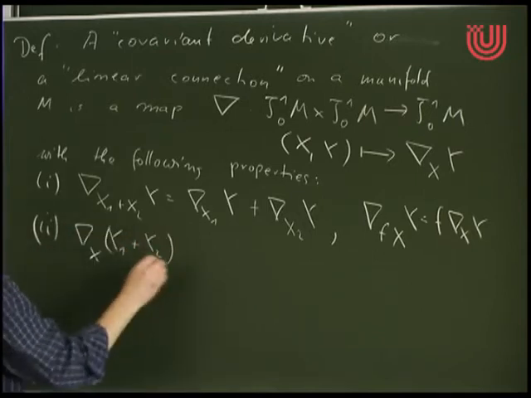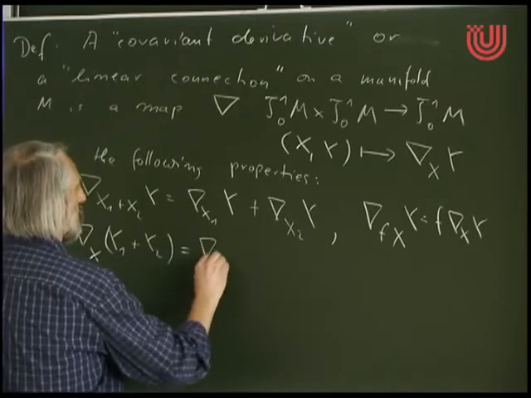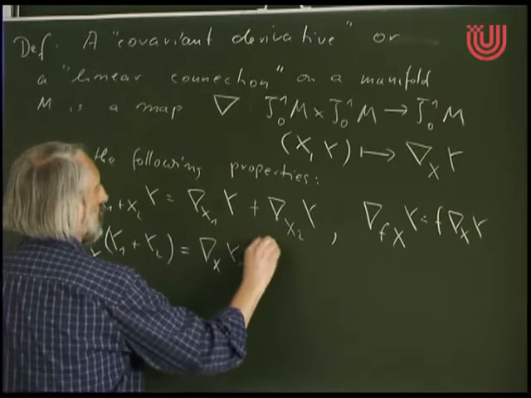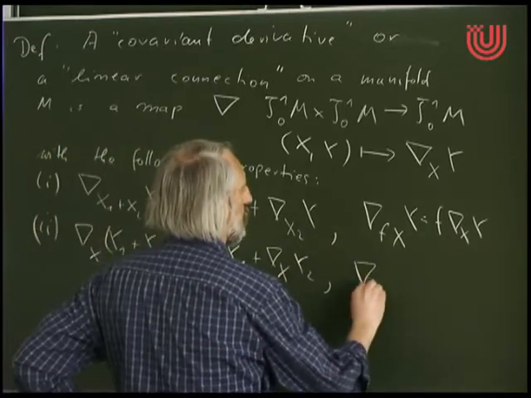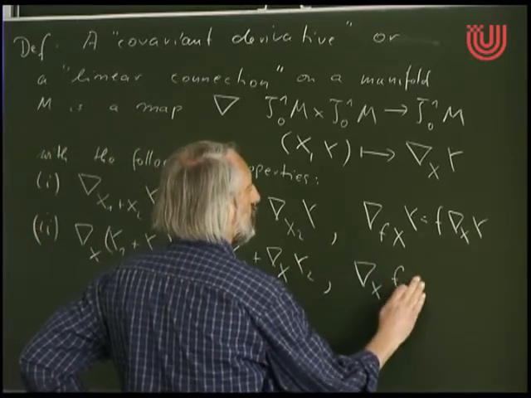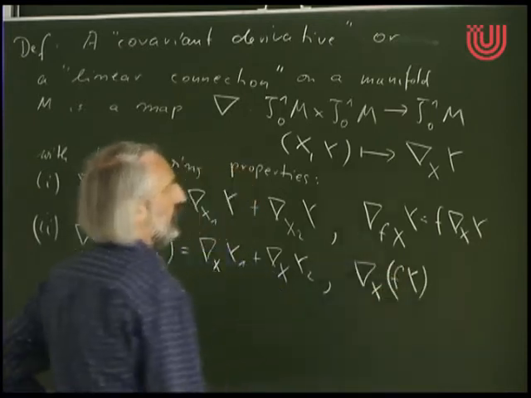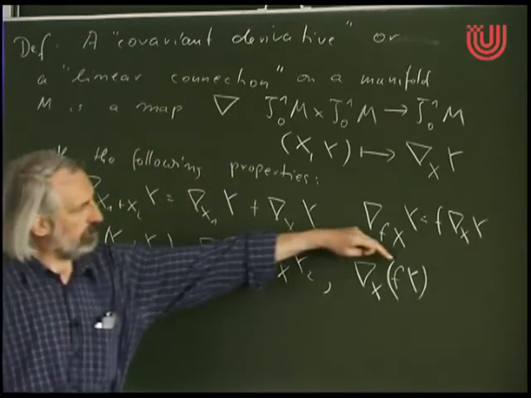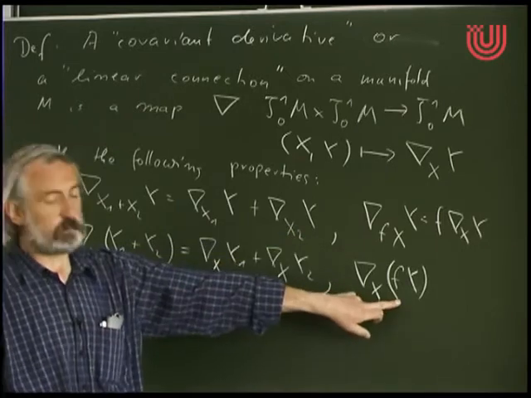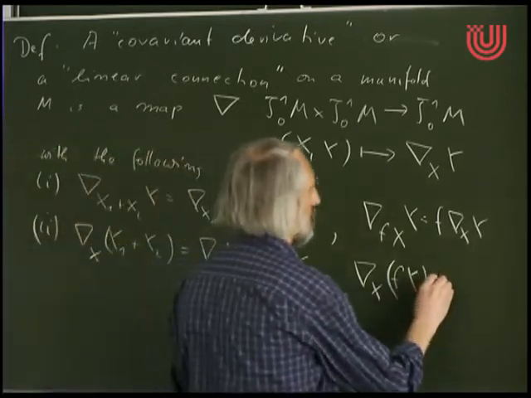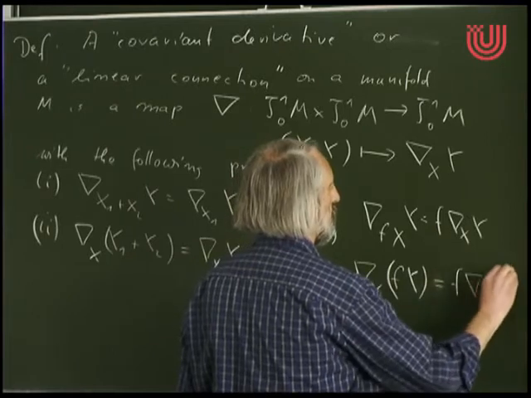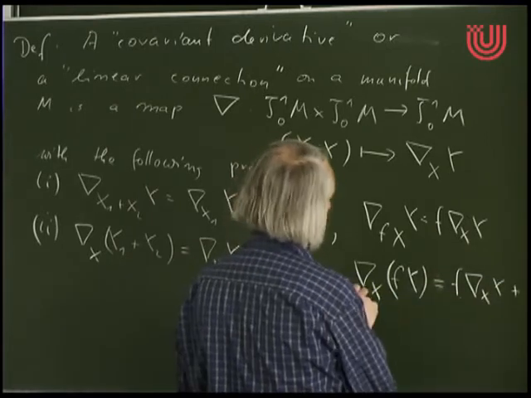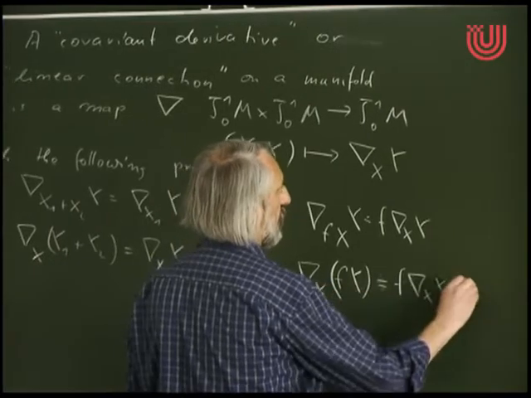For a sum, I also want to have the distributive law. But the essential thing is that if I apply this to a vector field Y multiplied with a function, then I do not require that I can take the f out. I rather require a product rule. And the product rule reads like that. This is f del_X Y plus, and now the term where the X acts on the f.